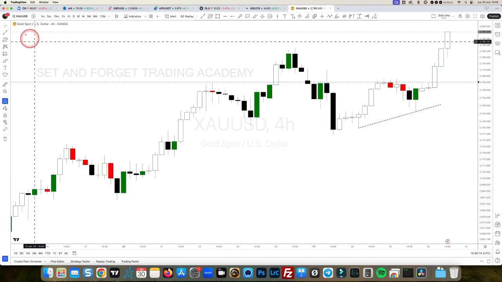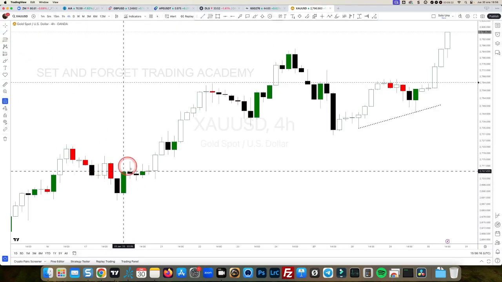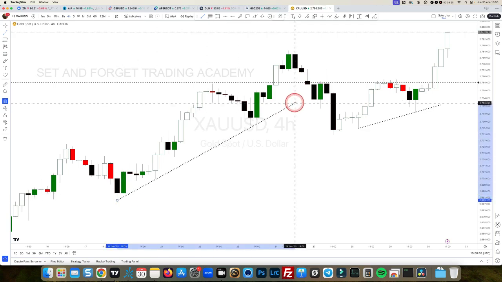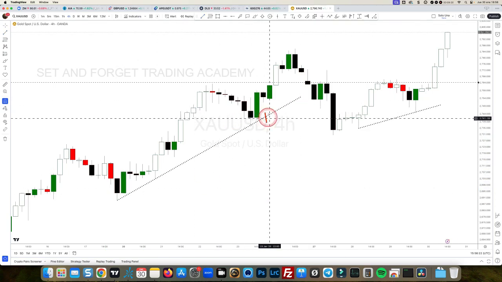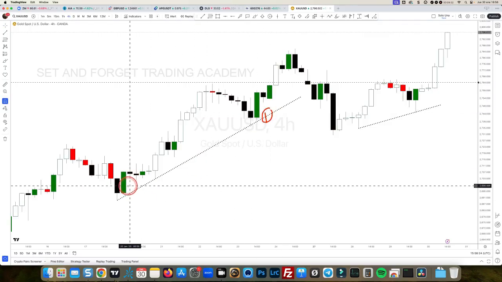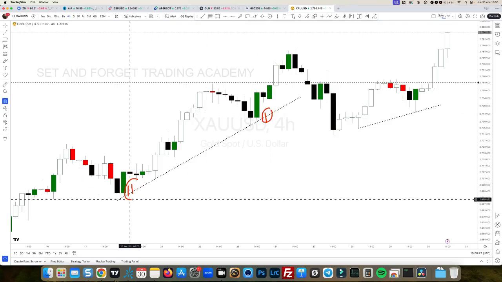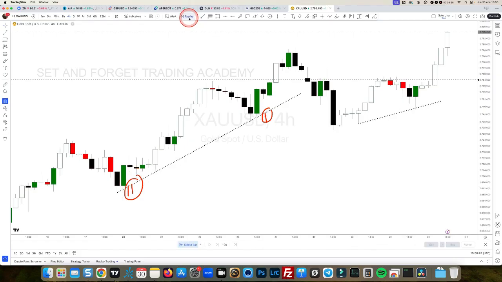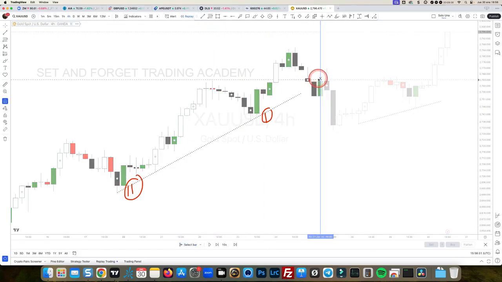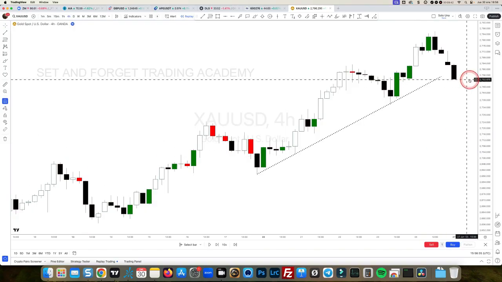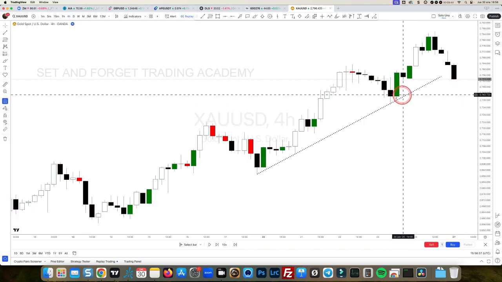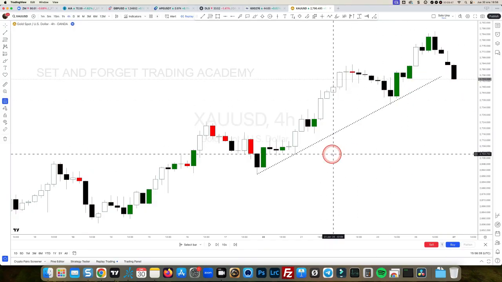So the previous trend line would have been something like this, connecting one valley over here and another valley here, number 1 and number 2. So if we use the replay functionality and we hide this price action, if gold spot was doing that on the 4-hour, we would have a bullish trend line right there.